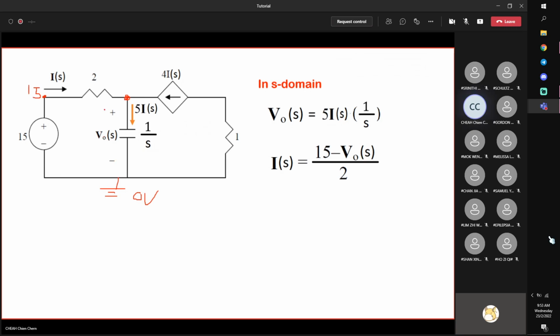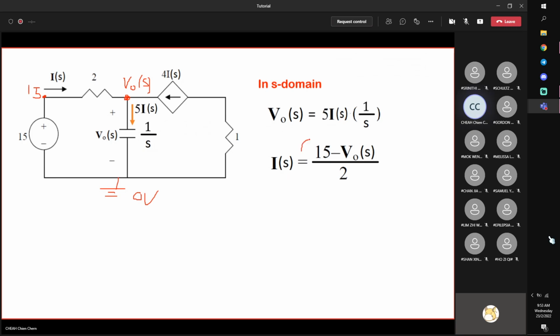This is plus V0, so this is a node voltage V0(s). 0 volts plus another V0 gives you this node voltage V0. 0 add 15 gives you 15 over here. Then 15 minus V0 is the voltage across the 2 ohm resistor. Voltage difference divided by resistance gives you the current flow.